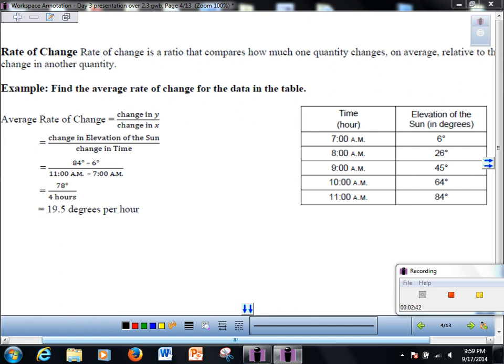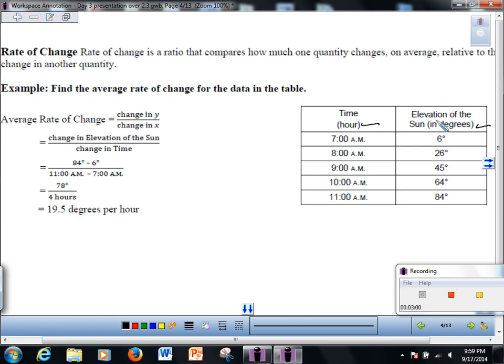Here's what I mean by your units. Notice your time is in hours, and then the elevation of the sun is in degrees. We need to decide if we want to say degrees per hour or hours per degree.